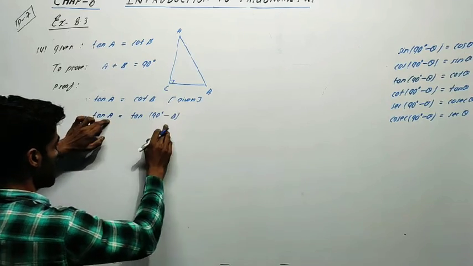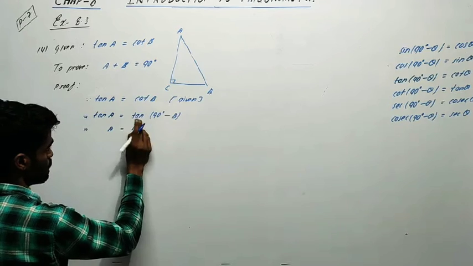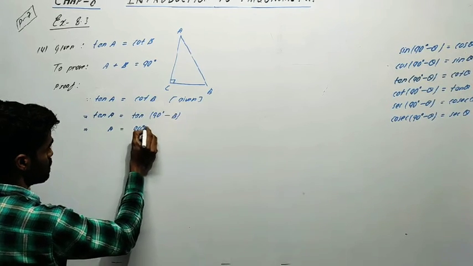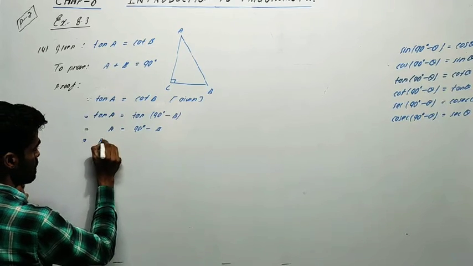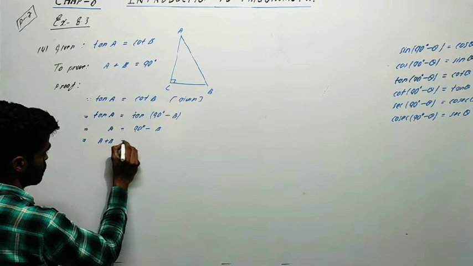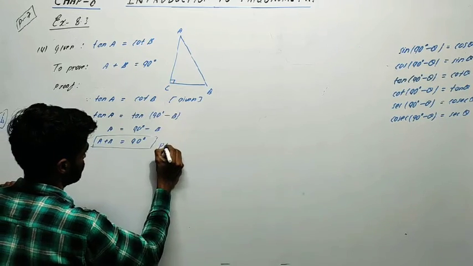We will relate only angle value, don't cancel out tan. So A is equals to 90 degree minus B, therefore B will be adding to the LHS. So A plus B is equals to 90 degree. Proved.